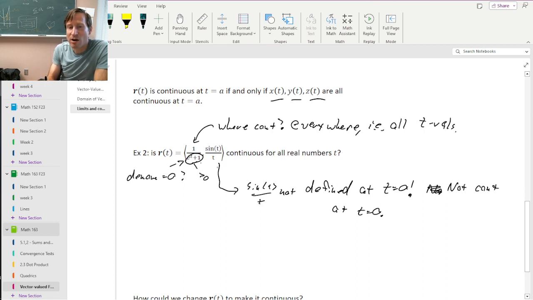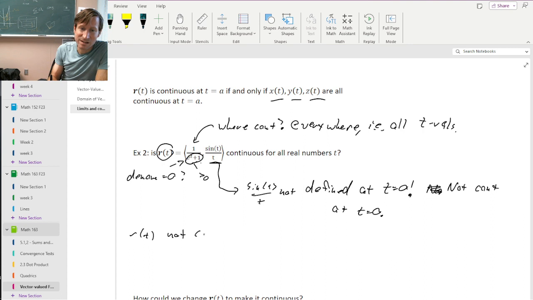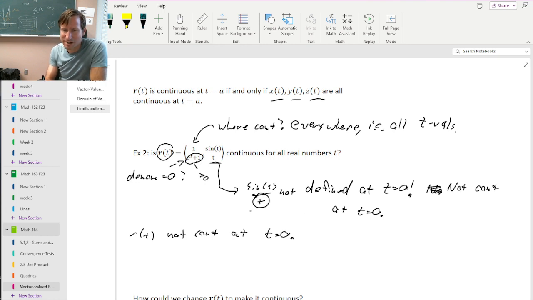So because our y coordinate function is not continuous at t equals 0, r of t is also not continuous at t equals 0. Okay, well, what about other t values? The only reason we had this problem is because we have this t in the denominator, so that denominator is 0 when t is equal to 0.